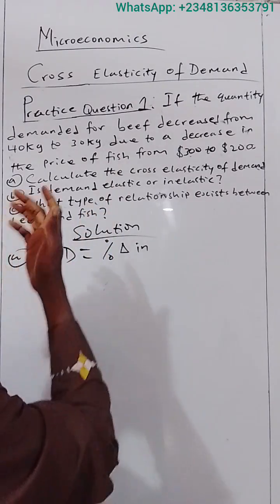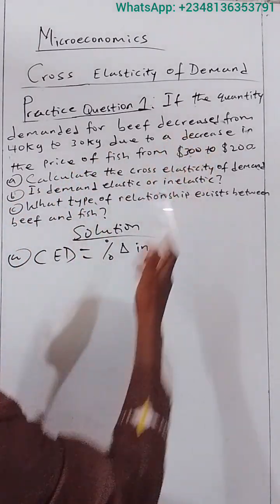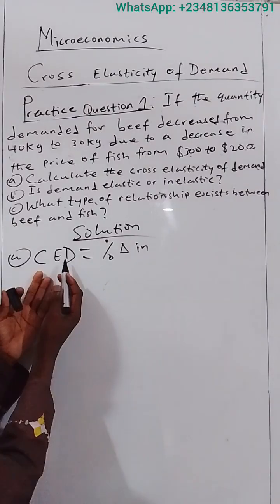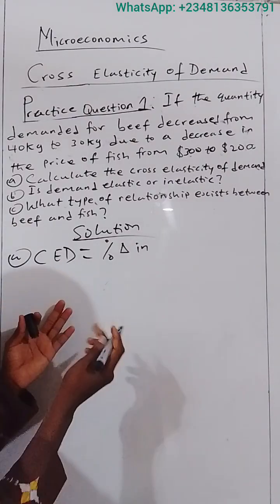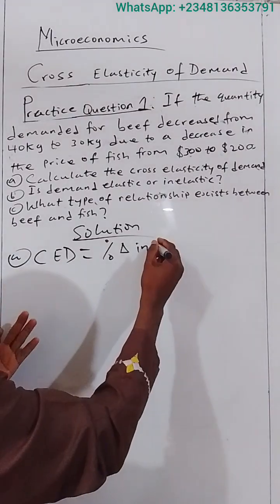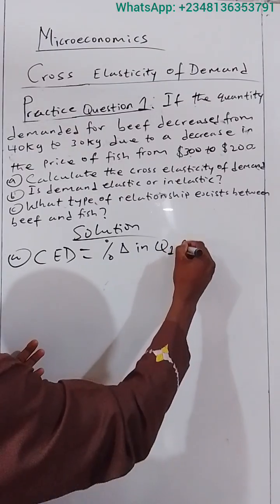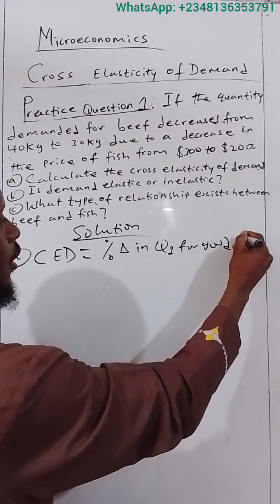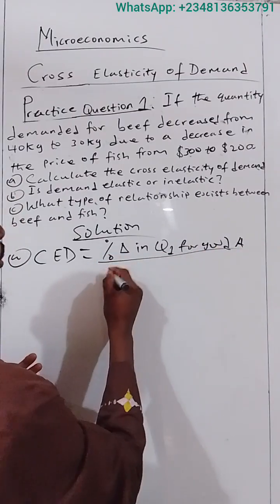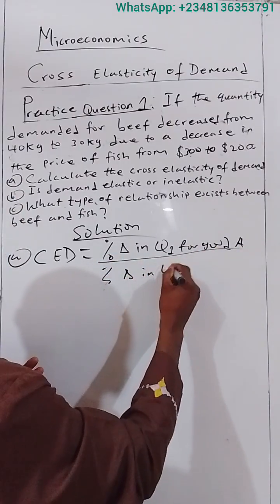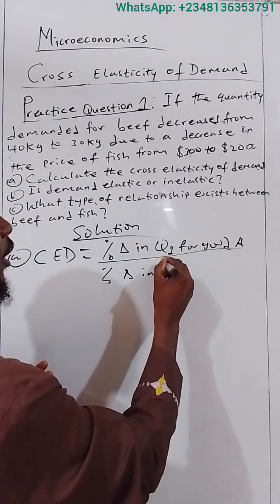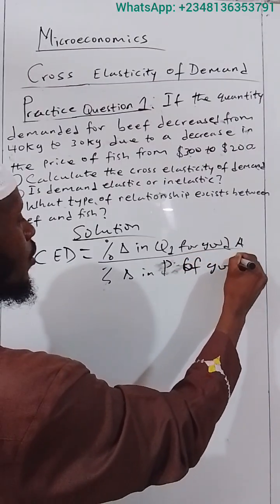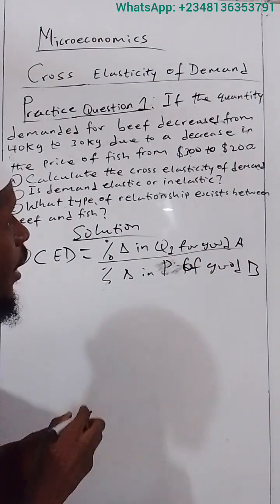Generally, it is percentage change in quantity demanded for good A divided by percentage change in price of good B. This is the general formula.